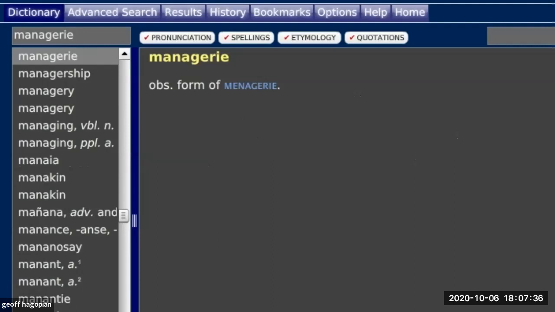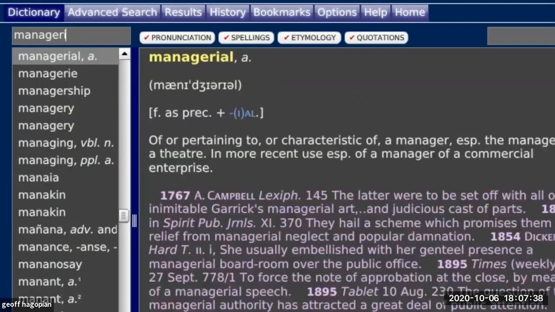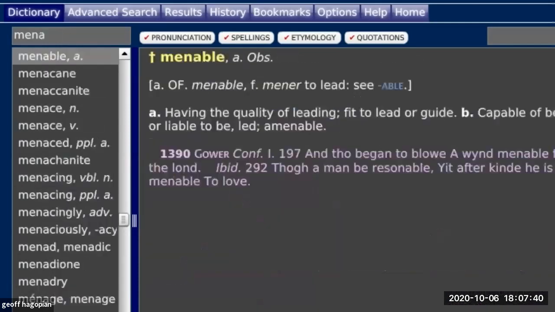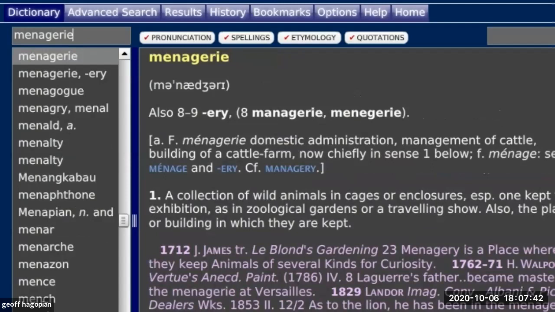Menagerie. It's a collection of wild animals in cages or enclosures, especially one kept for exhibition, as in a zoological garden or a traveling show. Also, the place or building in which they are kept. Yes, indeed.